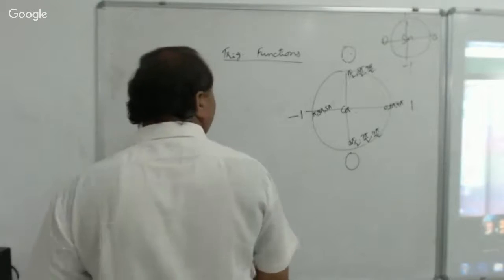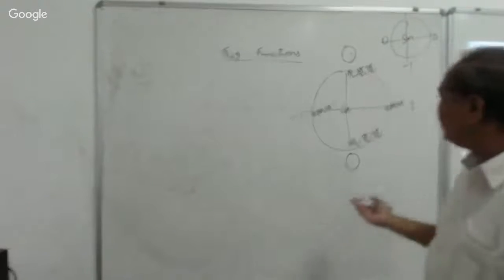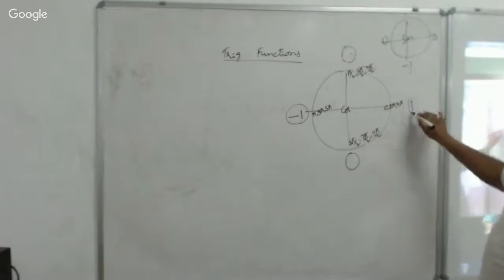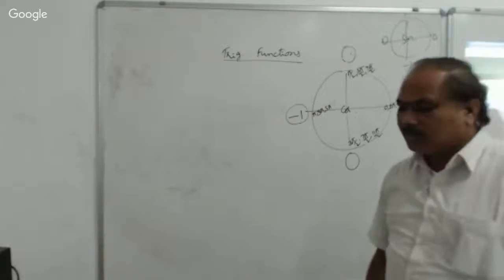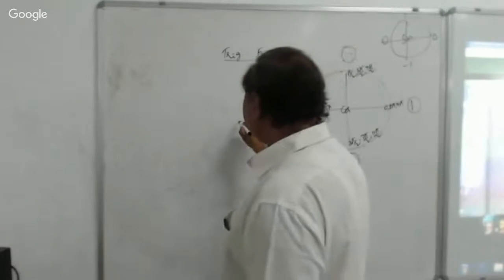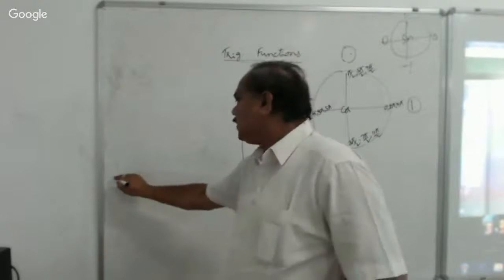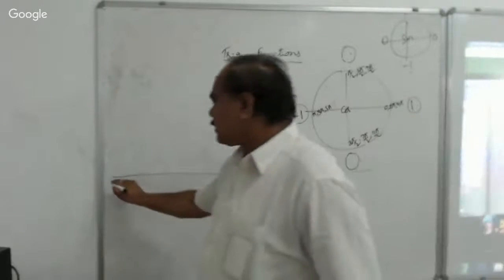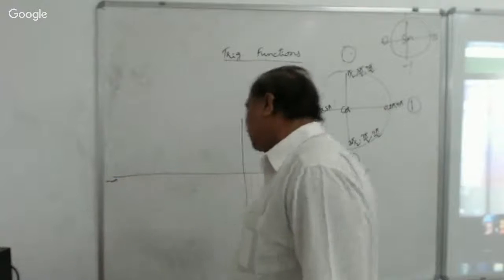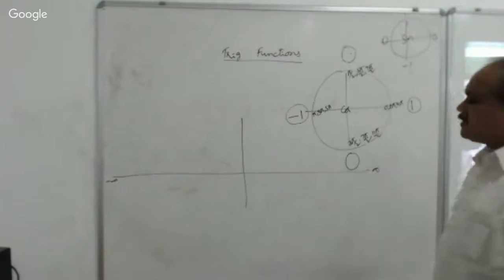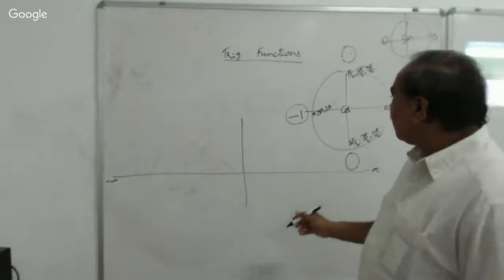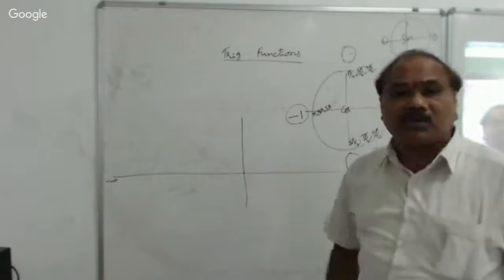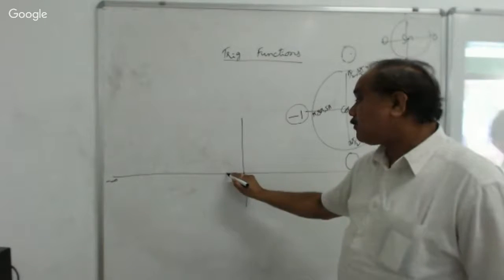Now, draw the graph of cos x. By observing these values, its minimum value is minus 1 and maximum value is 1. It has the same domain, because it also exists from minus infinity to plus infinity. But here sin x passes through the origin, but cos x does not pass through the origin.